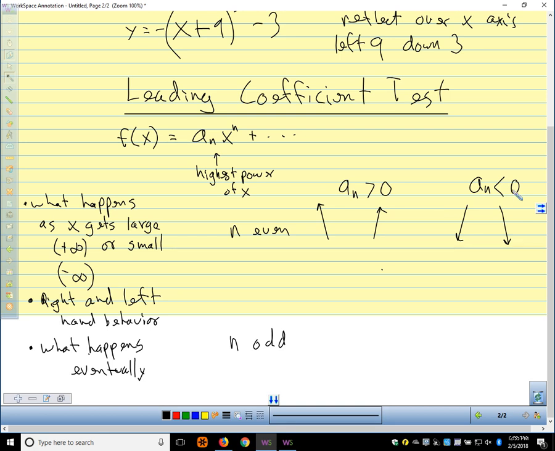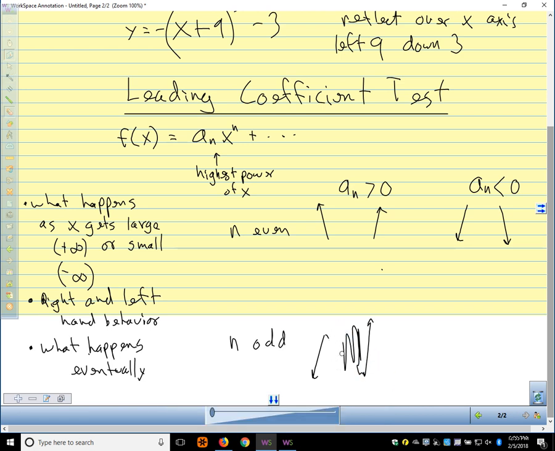If n is odd and our leading coefficient is positive, eventually our function acts like y equals x to the third. So it's down on this side and up on that side. It can do all kinds of crazy stuff in between, but eventually it's going to do this.